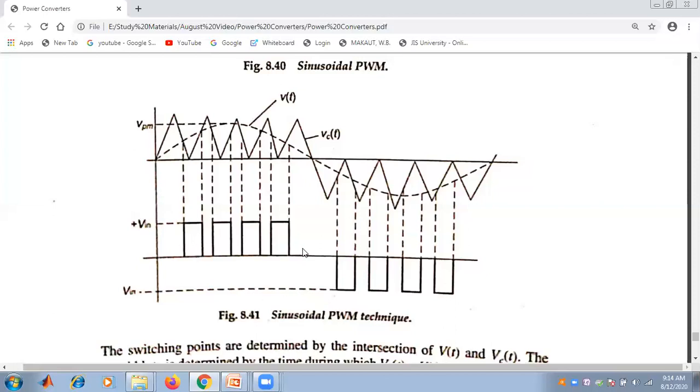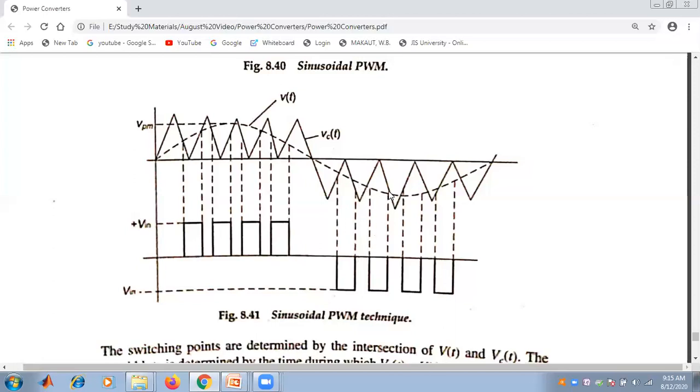The same pattern we follow for the negative half cycle. This is up to the positive half cycle of the sine wave. For the interval from here to here, the value of Vct is less compared to Vt, so we are obtaining a pulse of input voltage in the negative direction, that is, minus Vin. From here to here, the value of Vct is more compared to the sine wave, so the output is 0.